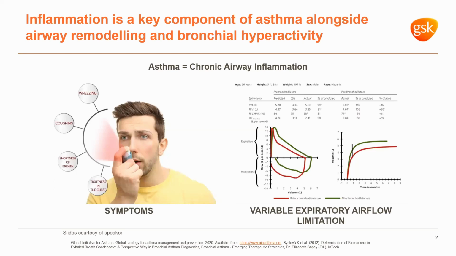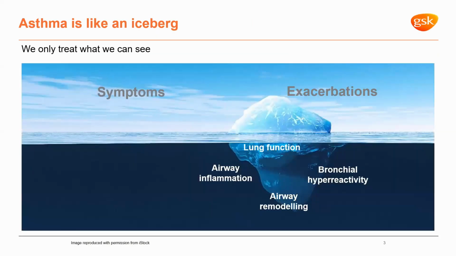In patients who have typical symptoms, but we cannot show variable expiratory airflow limitation either from spirometry or peak flow, you can refer this patient for a methacholine challenge test. In our country, Sedang is the only center that offers this service.